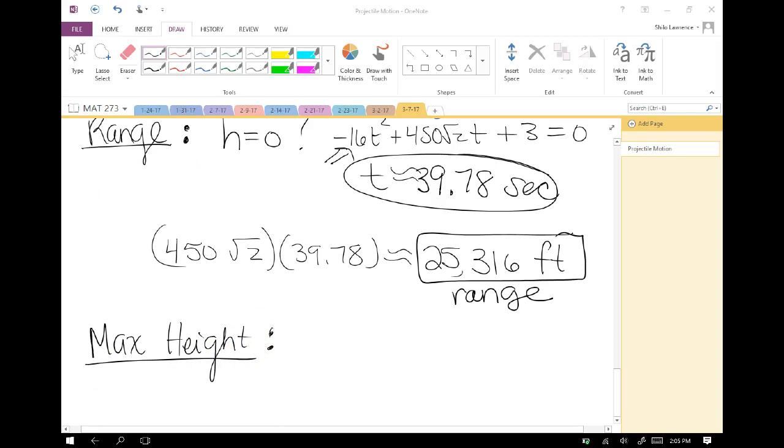All right, for max height, we want to do this with calculus. We could type it into y equals and find the max that way, yes.